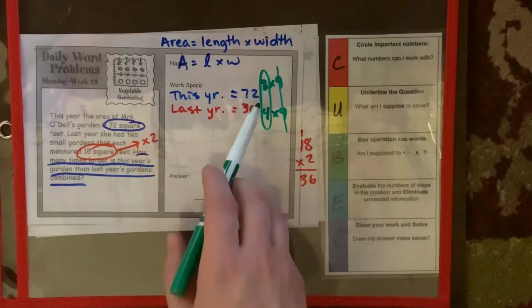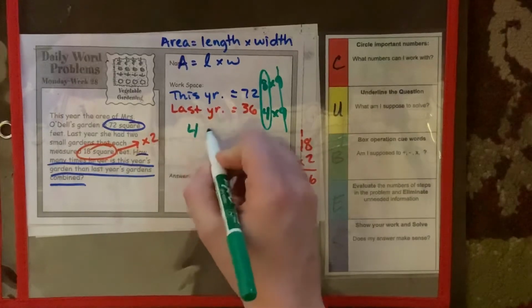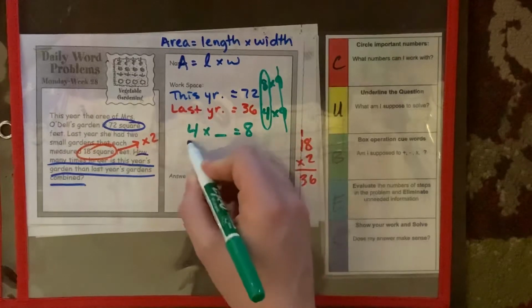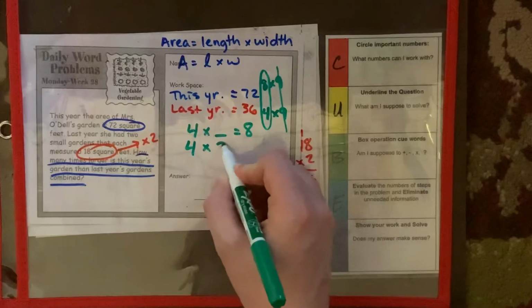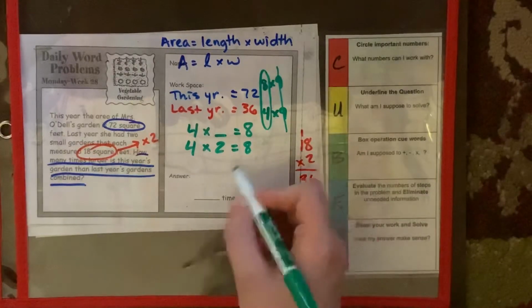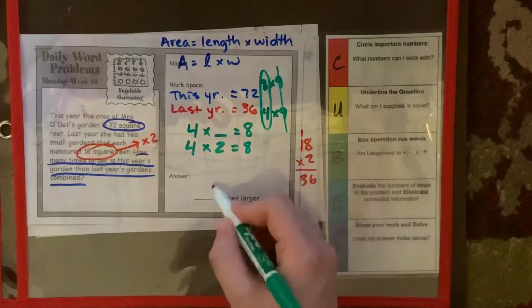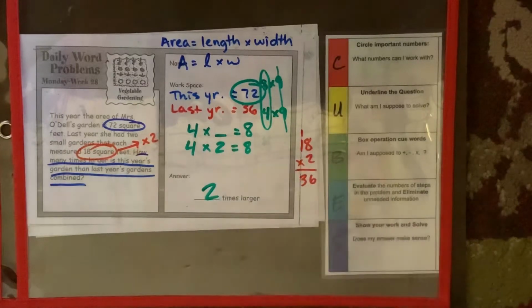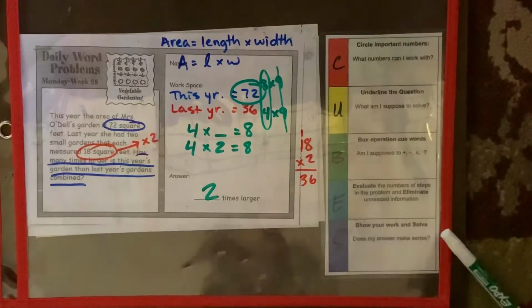So 8 and 4, I'm going to ask myself, how do I get to 8 using that 4? If I know my multiplication tables, 4 times 2 equals 8, which means that this year's garden, the 72, is 2 times larger than last year's garden combined.